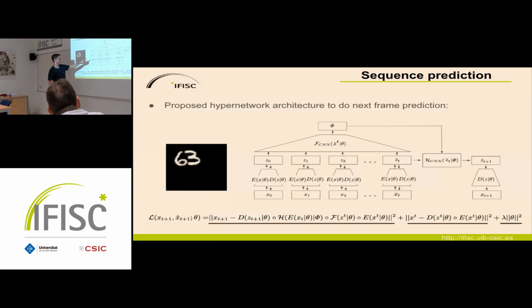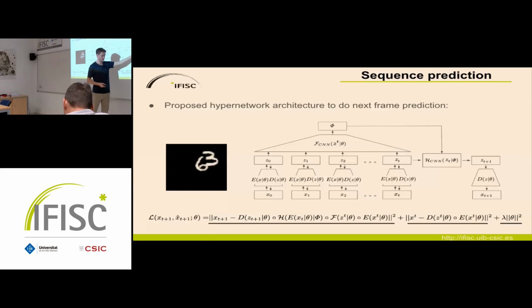This is the proposed architecture, and then what we do with the latent vectors over here is we compute the phi using this primary network, and these parameters are then used in the hypernetwork, which uses the last latent representation to provide a rule. This is computing a rule under which this thing evolves, and then it produces this complete representation, which decodes back into the true frame.